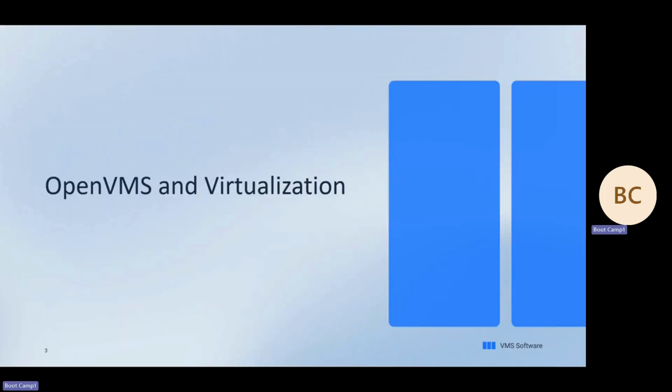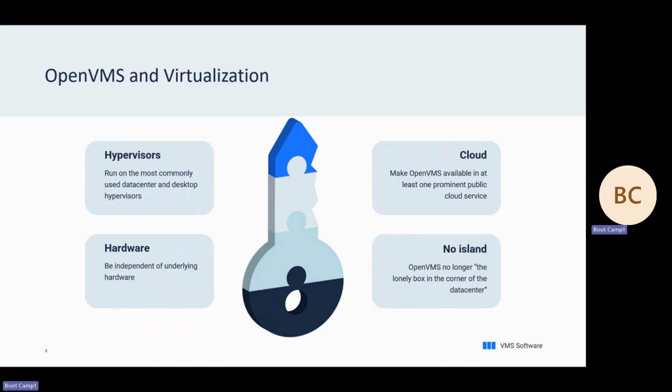So OpenVMS and virtualization. Running on hypervisors, you can run OpenVMS on the most commonly used data center and desktop hypervisors. That's our goal. We want to support things like VMware ESXi and KVM that are in widespread use in data centers.